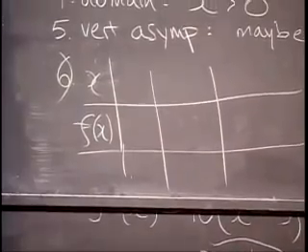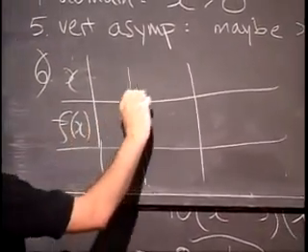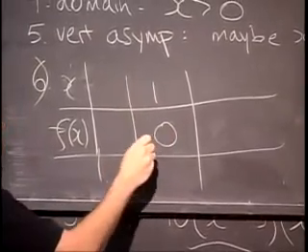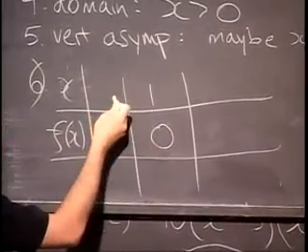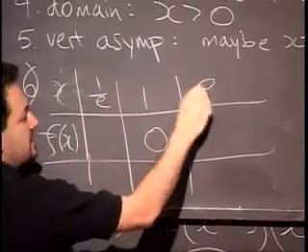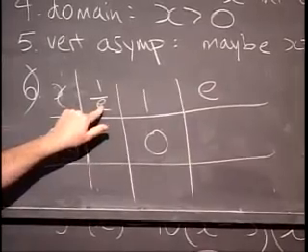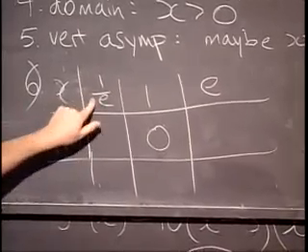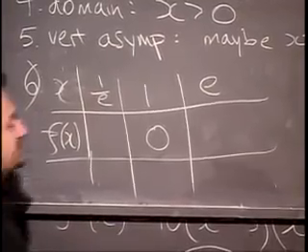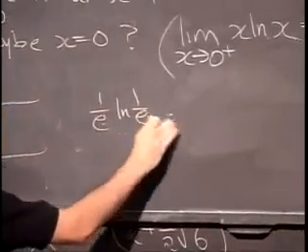We know that the function is 0 when x equals 1. So when x is less than 1, say 1 over e or e, notice how I could have picked a half. Couldn't pick 0 because f of 0 is undefined, but I could have picked a half. But I picked 1 over e because I kind of know that 1 over e log 1 over e is easy to deal with.